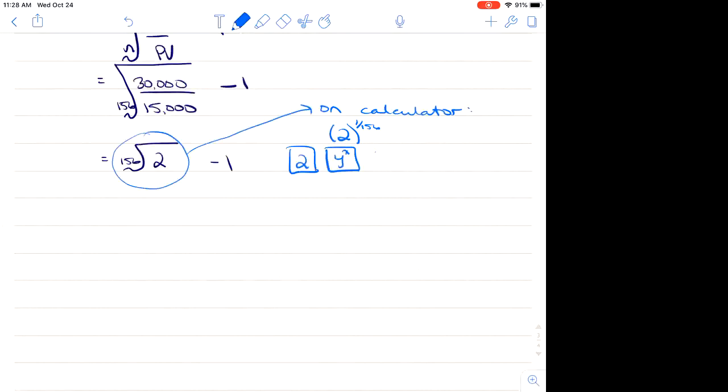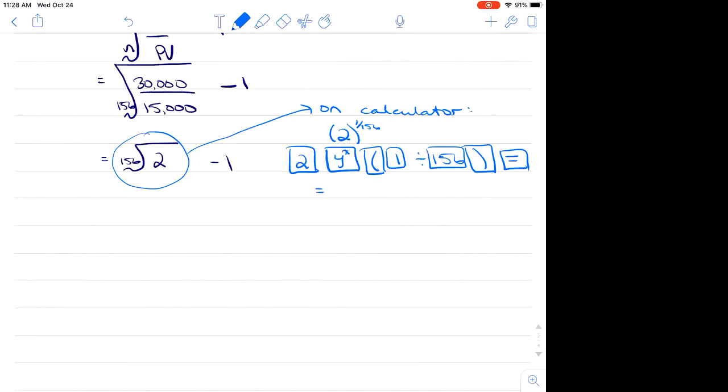I put brackets around the 1 over 156 because I don't want to leave it to chance. I want to leave that 1 over 156 as one value. So I put the bracket, 1 divided by 156, close bracket, and then equals.